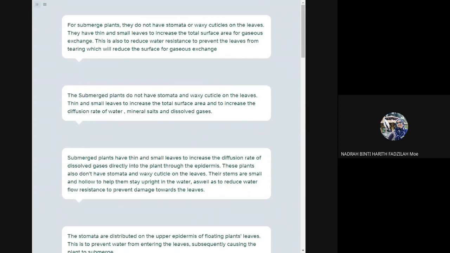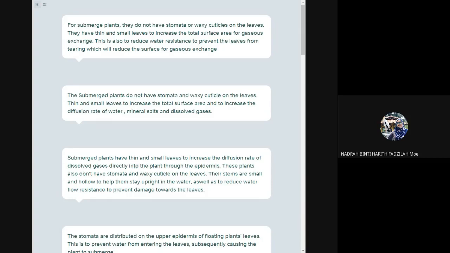Cumanya satu saya nak sebut, I know that you are taking your reference, all of these sentences are directly taken from your reference, which is the textbook lah. I agree. Memang semua jawapan kita pun guna textbook. But try as much as you can when you write back your answer, try to explain it in your own terms. Explain it using your own sentences.